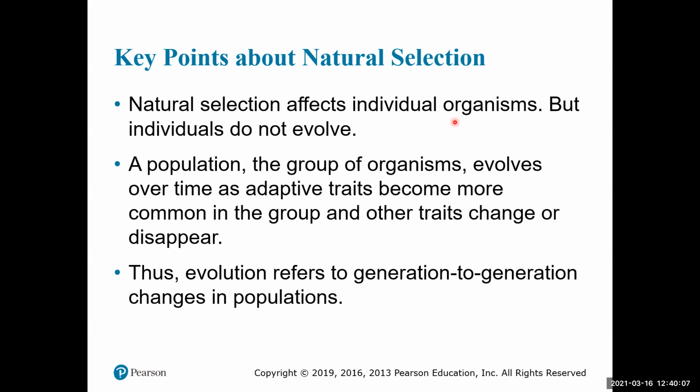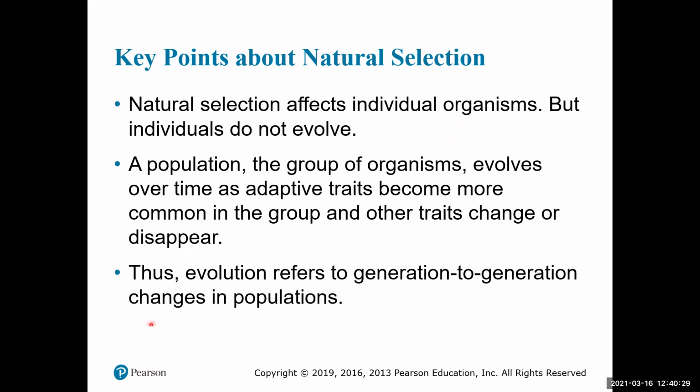Now that trait has a fitness level to it. And based on that fitness level, it will have an increased or decreased survivability rate and reproductive rate. More fit organisms should have an increased survival and reproductive rate. So you would expect that gene to be passed on more often.